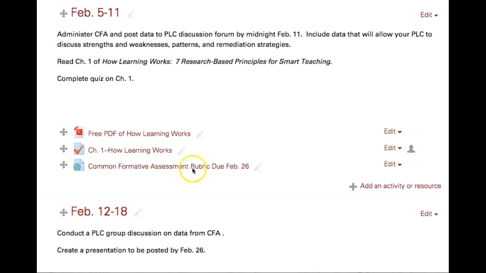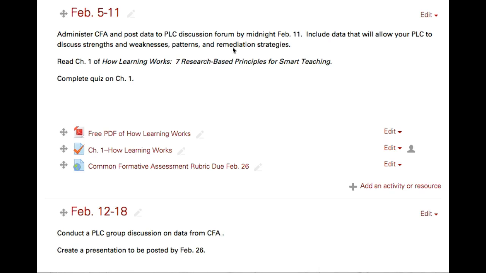So back to your discussion and your PLC administration, I want to make sure that you understand that your PLCs should have formed CFAs, Common Formative Assessments, that will allow you to discuss strengths, weaknesses, patterns, and remediation strategies among your students.